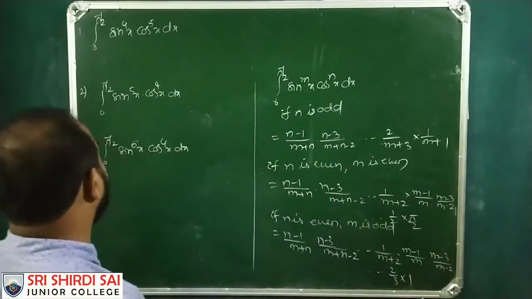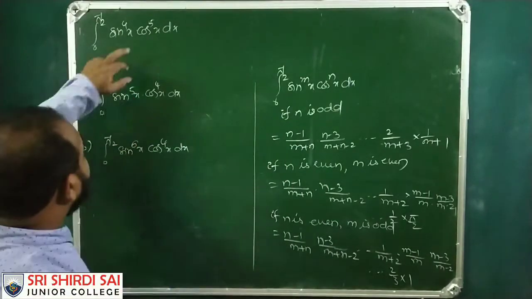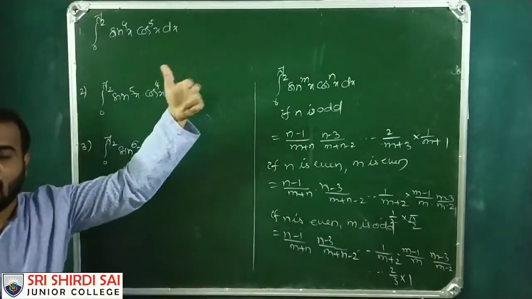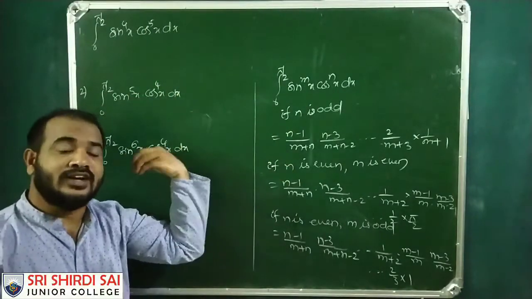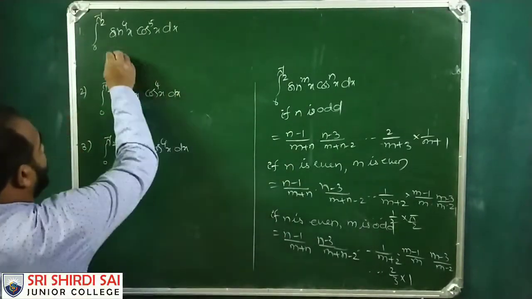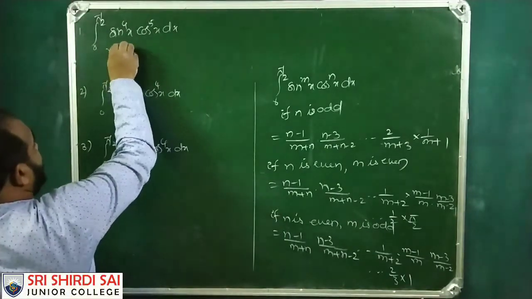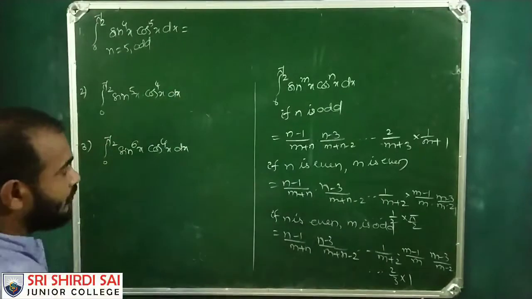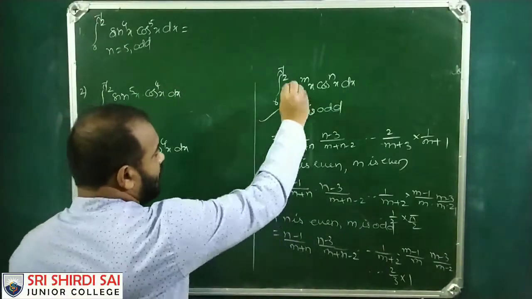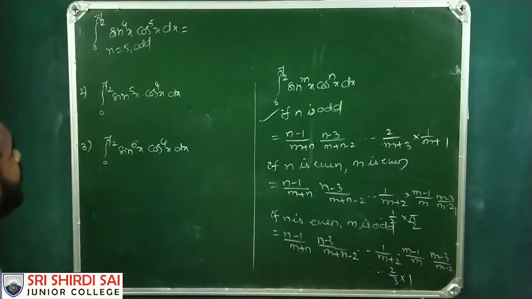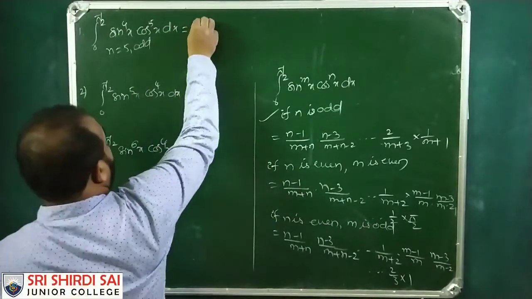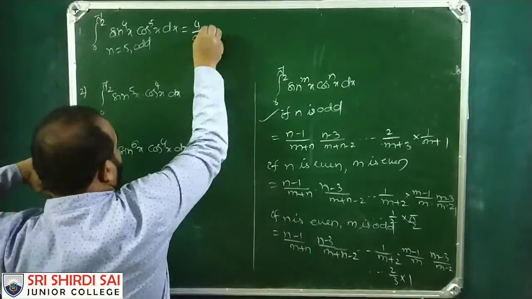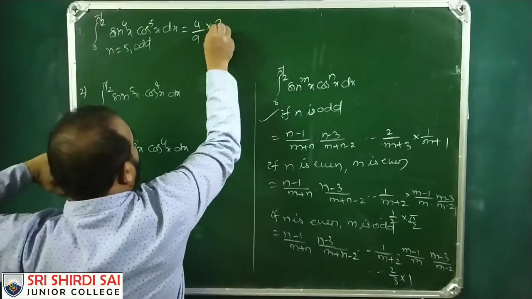So let us do this. So here n is odd. See, the power of cos is always treated to be n. So n is odd. N equals 5, odd. So use this formula. What is n minus 1? 5 minus 1, 4 by m plus n. 4 plus 5, 9. Yes, further reduction is possible. 2 by 7.